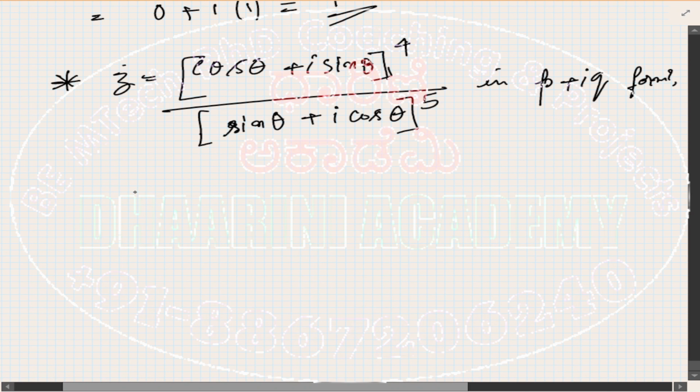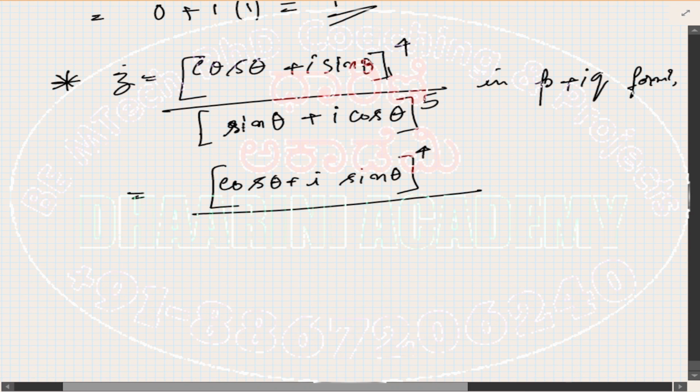So this is equal to, numerator let's write as it is: cos theta plus I sin theta to the power 4. Denominator, see, sin theta plus I cos theta. Can you write it in this format?